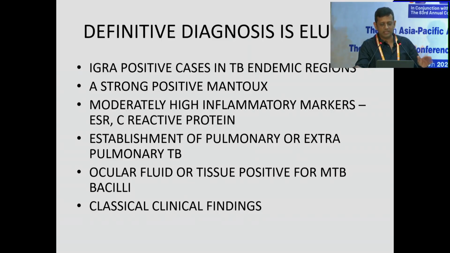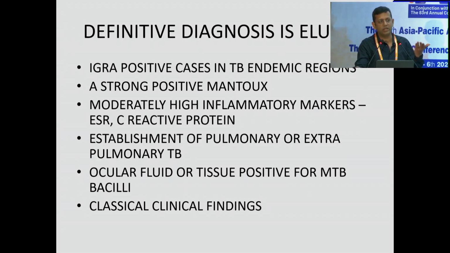You can easily say that if there is a strong positive MANTU, meaning more than 20 millimeters of induration, you can be very sure about it. But in cases which are ambiguous, Dr. Ratinam, my mentor, always says that do a booster MANTU. I mean, she relies on MANTU that very much to go on to prove that this is a case of tuberculosis. But still, if there is ambiguity, then we have the IGRA tests, especially in the endemic regions.